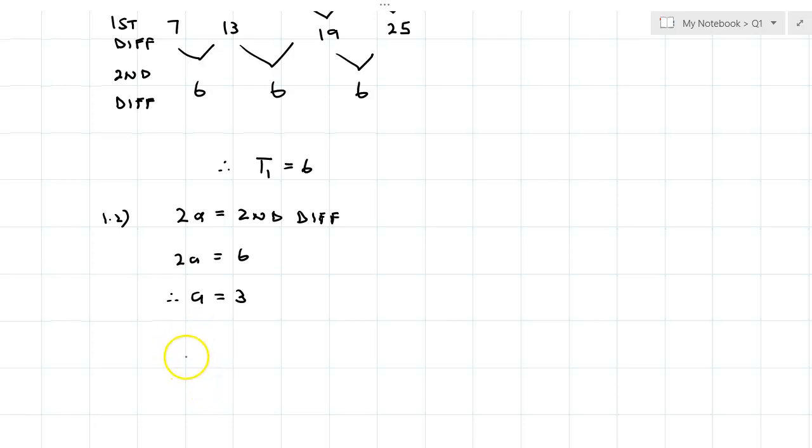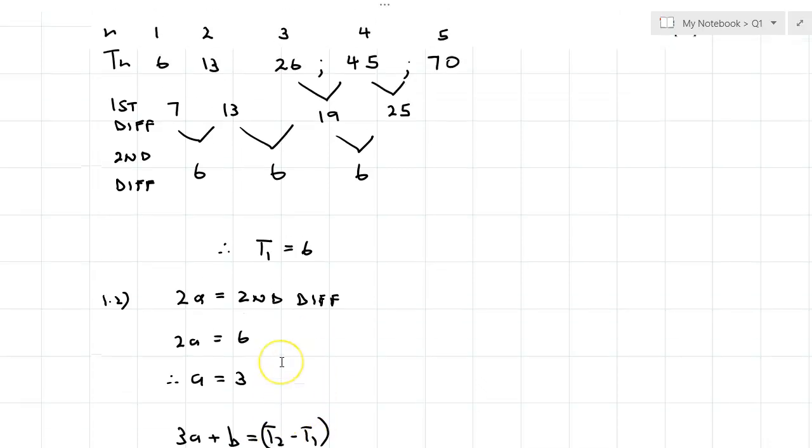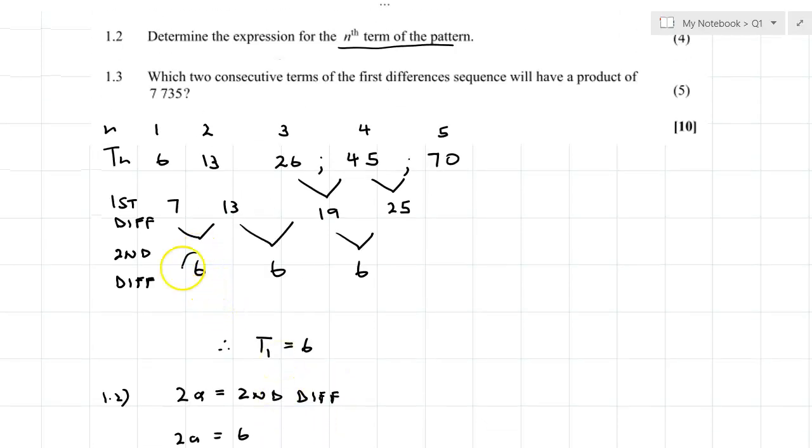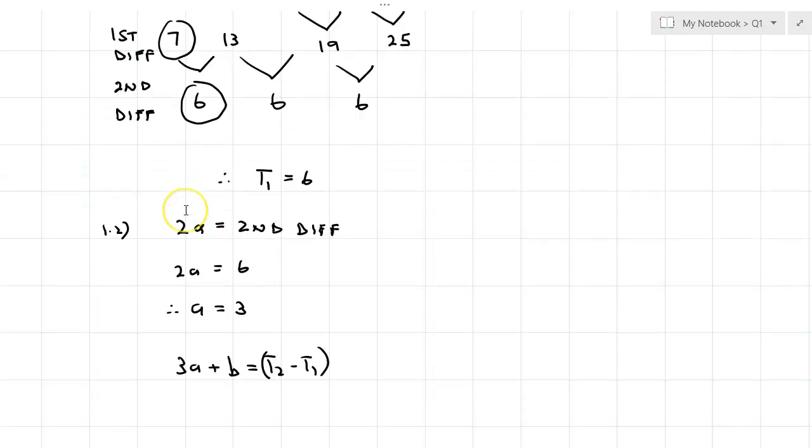And then the formula to find the b value is 3a plus b equals T2 minus T1, or you can just say the first term of the first difference. These are the three values that we actually require. T2 minus T1 is 7, which is the first term of the first difference.